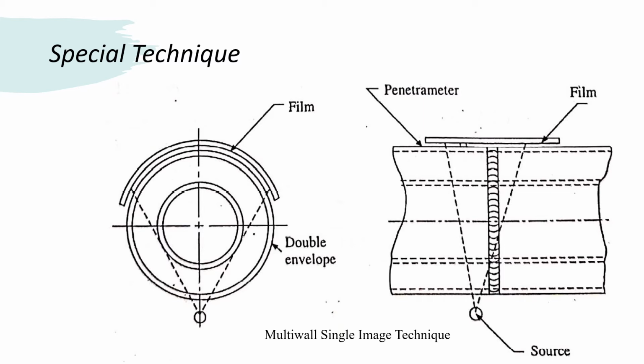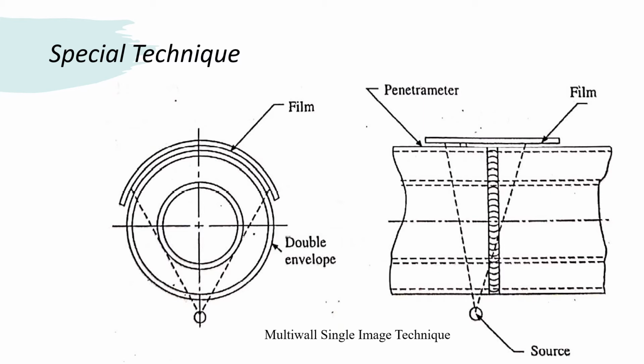The multi-wall penetration technique can be divided into two parts, that is, the multi-wall single image technique and the multi-wall double image technique. In these techniques, the radiation beam penetrates all the four walls.